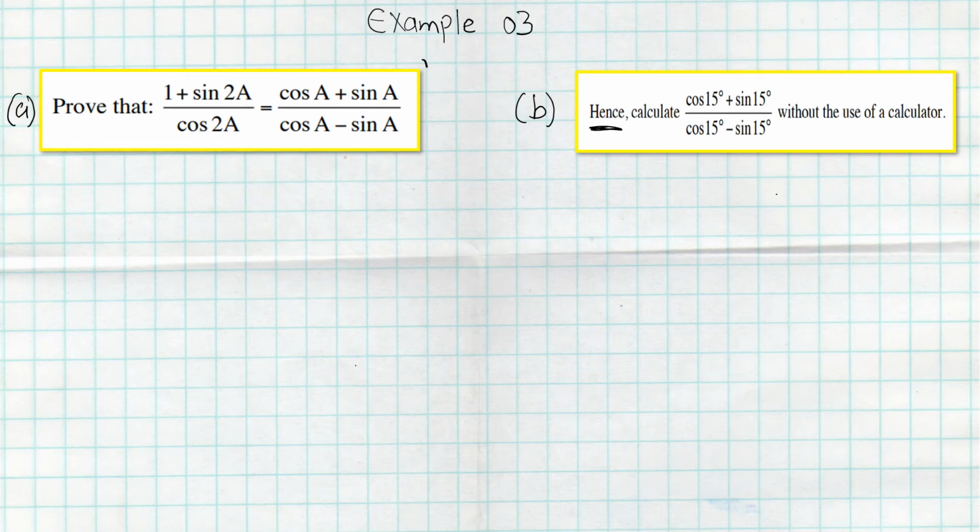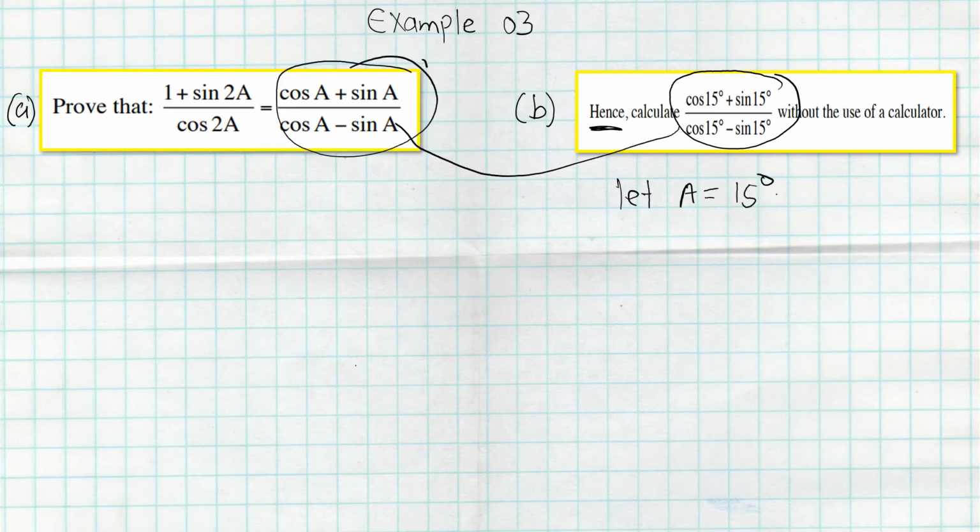Okay, so you can see that really if we let our A be 15 degrees, you'll notice that that expression will be the same as this one. Can you see? It will be exactly the same as this one.